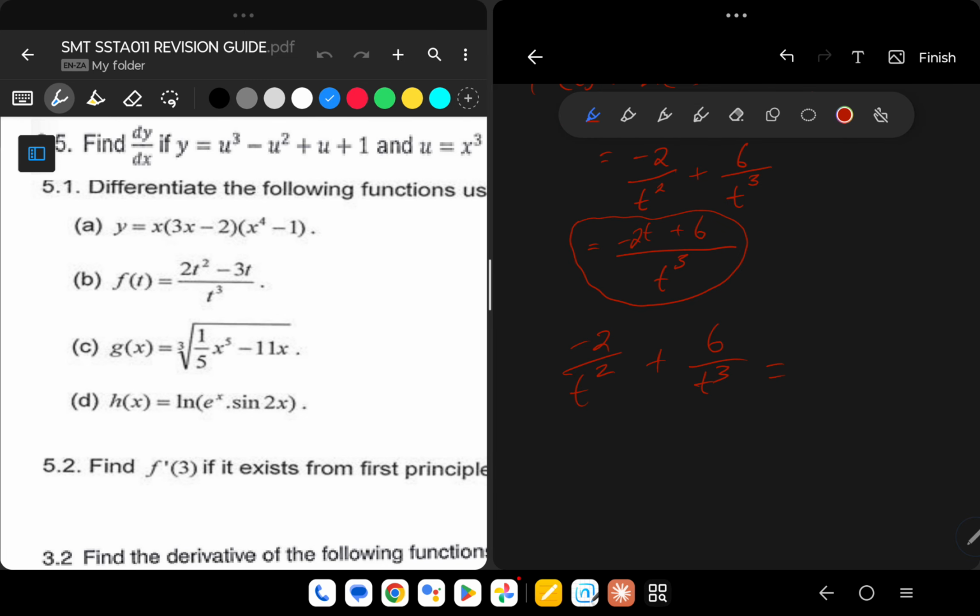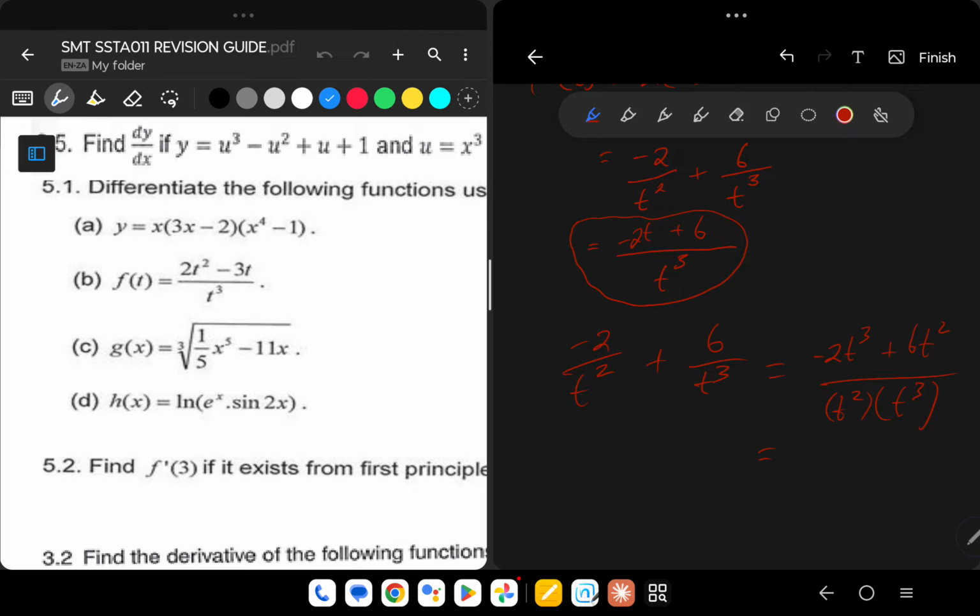So this is the same as what? Multiplying what is underneath, you have t squared into t cubed, right? And then you also have what? Because multiplied, you have -2t cubed plus 6t squared. That's what you have. And then you continue with it.